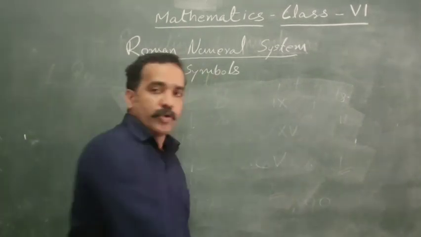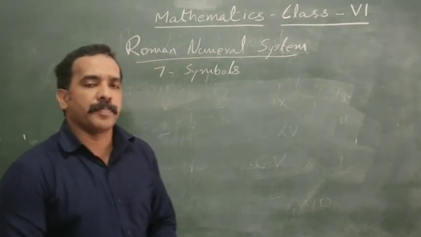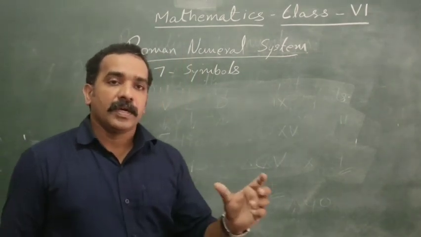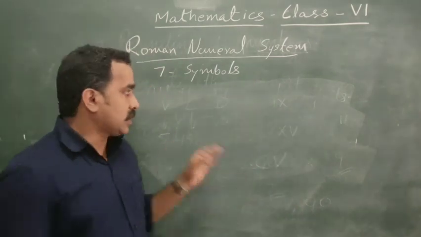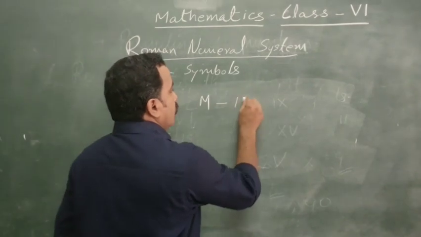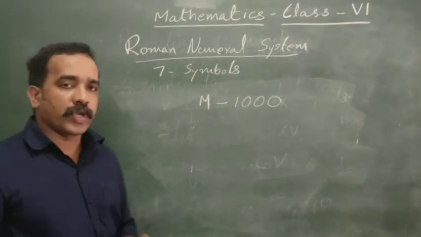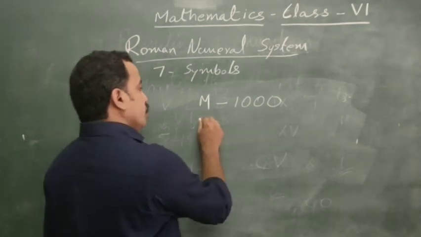the Roman numerals. And you may wonder how we can write bigger numbers, thousands. The biggest digit is M for 1000, M for 1000. But how can you write 2000?